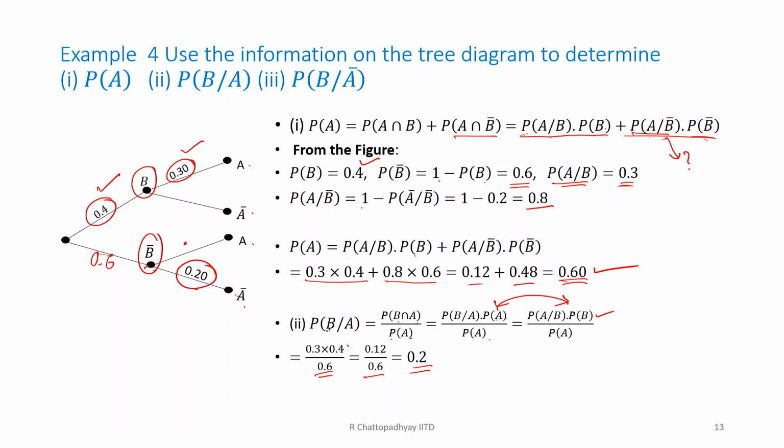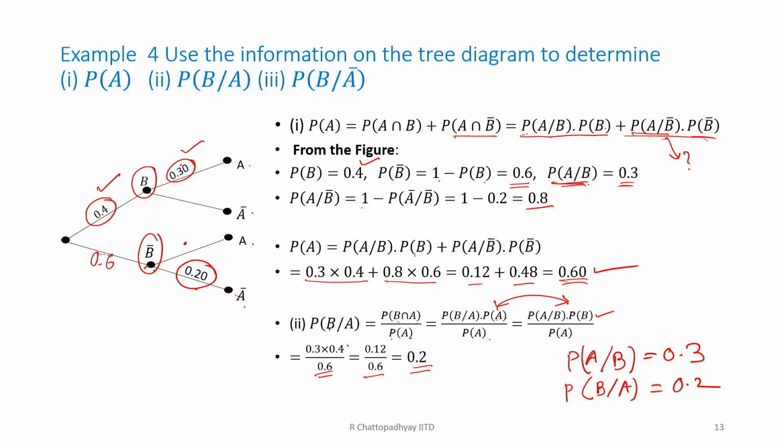P(B given A) and P(A given B), see, they are different. P(A given B) is already stated, 0.3. But what we have found out is P(B given A), it is 0.2.